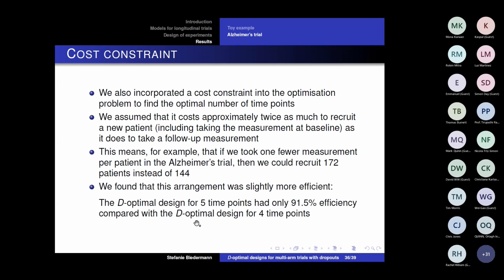So this is also something that could be looked into further, maybe after sorting out the model a bit more, but it seems that having fewer time points and more new patients in the trial will give us slightly better estimation efficiency.